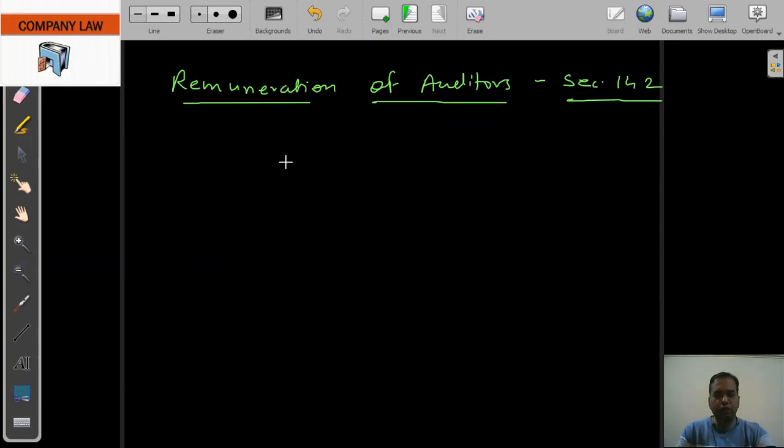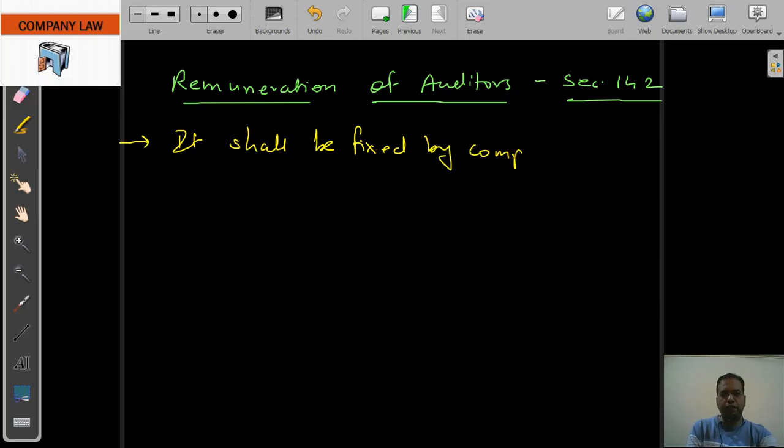So this talks about remuneration of the auditor, which shall be fixed by the company in AGM, as per the manner prescribed.